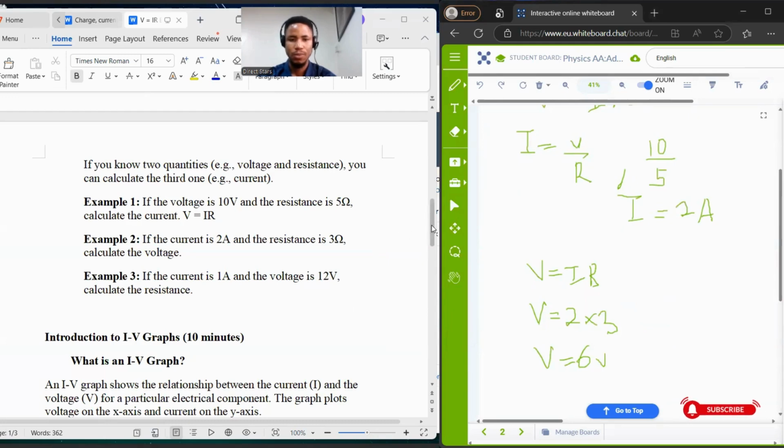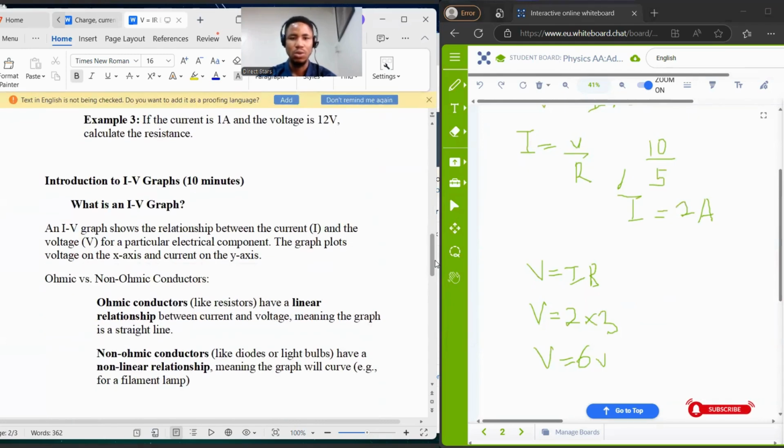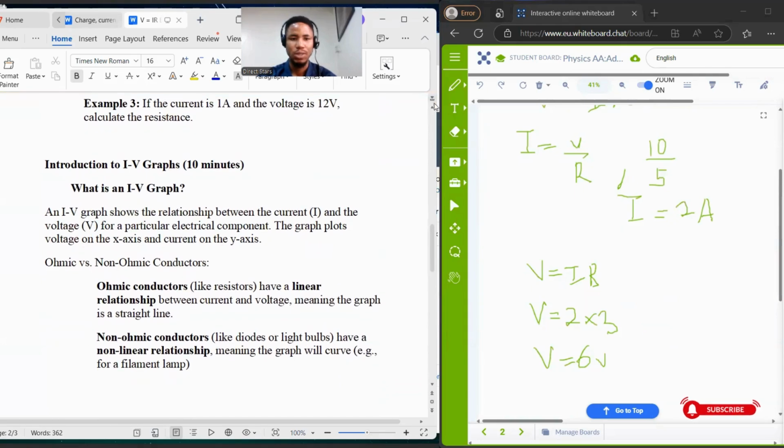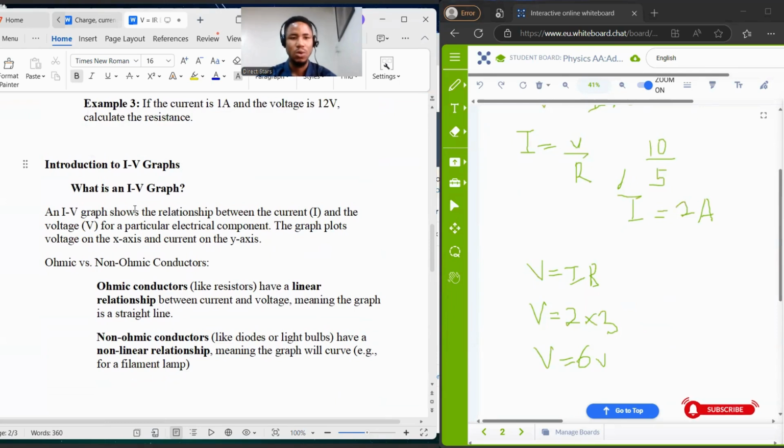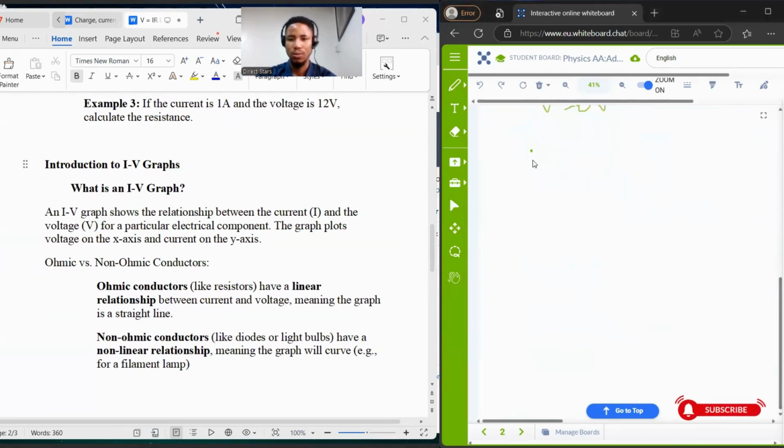Now let's go to how we can interpret a graph. What is an IV graph? An IV graph shows the relationship between the current and the voltage for a particular electrical component. The graph plots voltage on the x-axis and current on the y-axis.